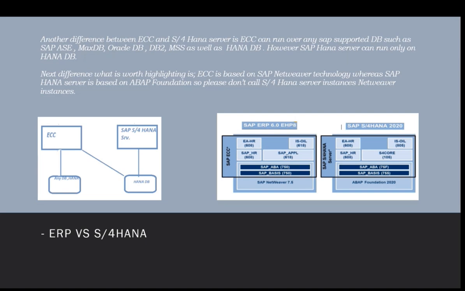Now, you just heard about one term, row store and column store, right? The HANA database is designed for column store data. But non-HANA databases, such as Oracle and others, are primarily designed for row-based storage of data.